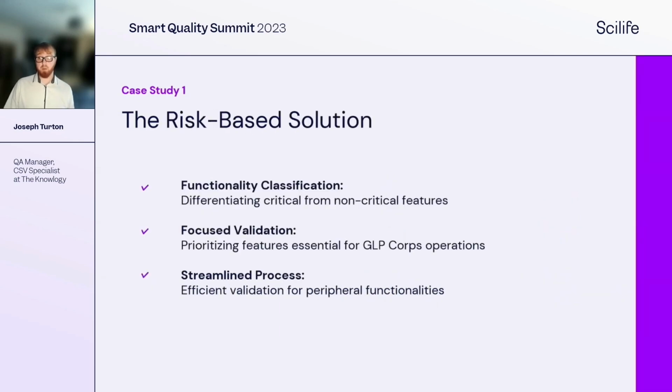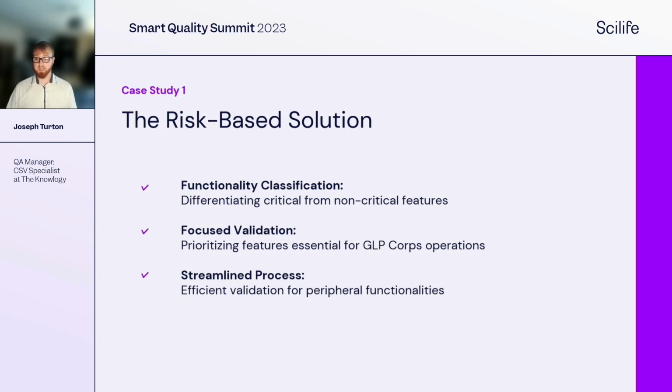So GLP Corp understood that their existing approach to CSV was causing delays and recognised that they needed to change. They decided to strategically implement a risk-based approach to streamline the LIMS validation. The LIMS functionalities were meticulously classified into critical and non-critical categories.